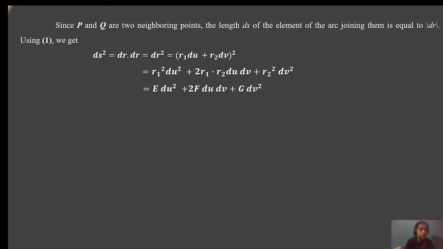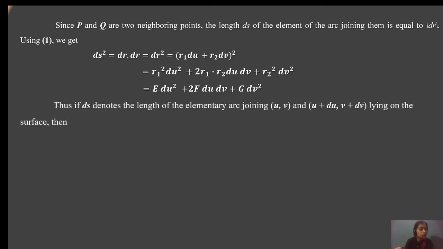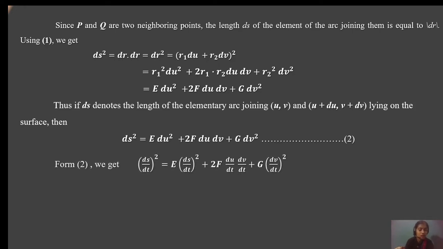You know that this is the form E du square plus 2F du dv plus G dv square. Thus, if ds denotes the length of an elementary arc joining (u,v) and (u plus du, v plus dv) lying on the surface, then ds square equals E du square plus 2F du dv plus G dv square. This is equation 2.